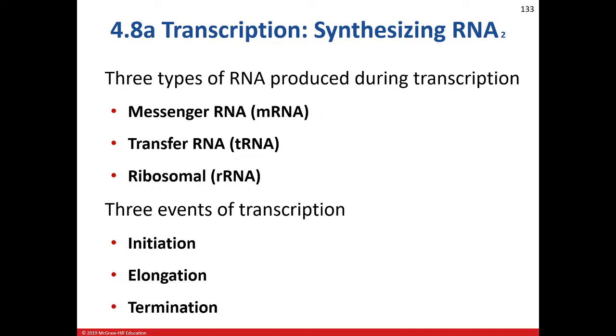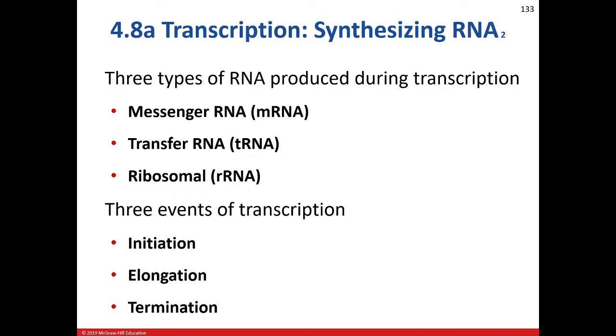So the 3 events of transcription are initiation, elongation, and then termination. All right, and so we initiate transcription when RNA polymerase binds to the promoter site and then starts copying at the start codon.